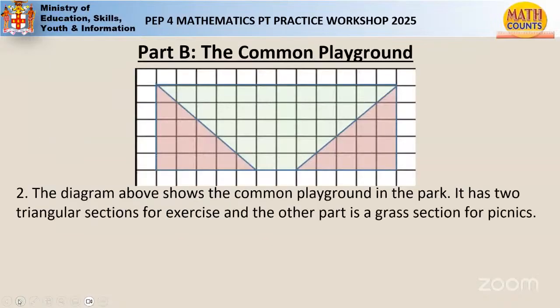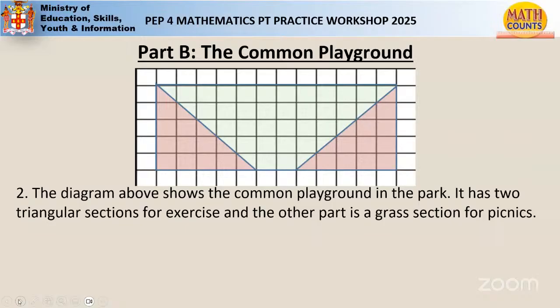Now, you realize that the first part a while ago was fun and nice. So here is where we're going to bump it up a little bit more. So they said the common playground now. The diagram above shows the common playground in the park. It has 2 triangular sections for exercise, and the other part is a grass section for picnics. Read that again. The diagram above shows the common playground in the park.